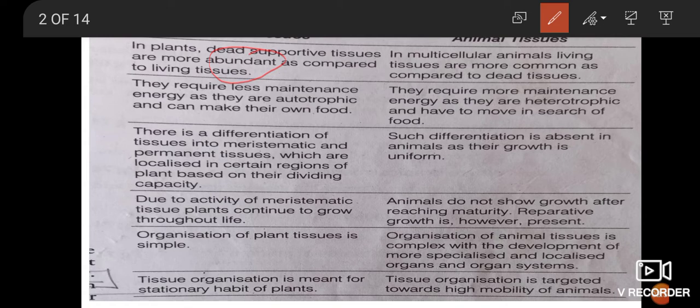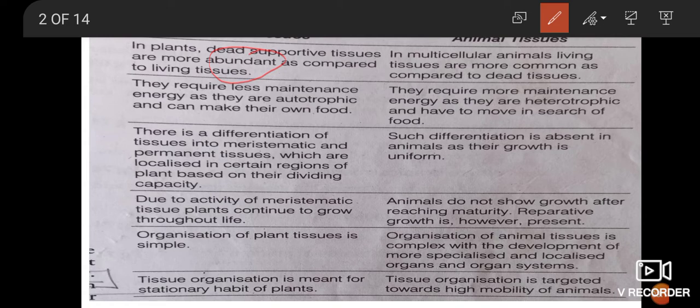Okay, now moving on to the second difference: plant tissues require less maintenance energy, as they are autotrophic and can make their own food. Of course, this universal fact we know, that plants make their own food, and that is why they are known as autotrophic organisms, right?